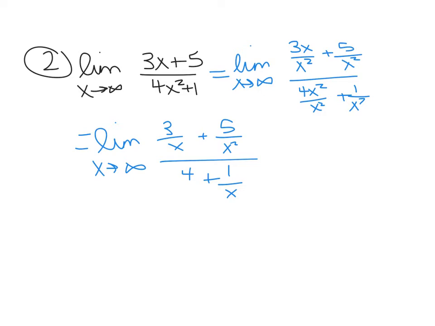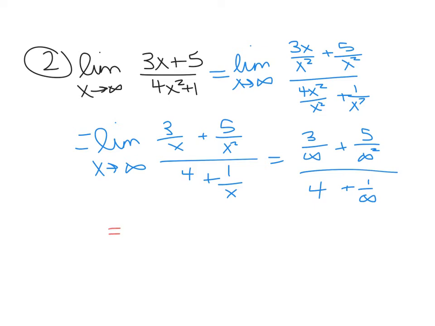Okay, so then if I were to go through and substitute in infinity, I would end up with 3 over infinity plus 5 over infinity squared, which by the way is infinity, over 4 plus 1 over infinity squared. So now I want you to think back to the very beginning of the video when I gave you the limit as we approach infinity.